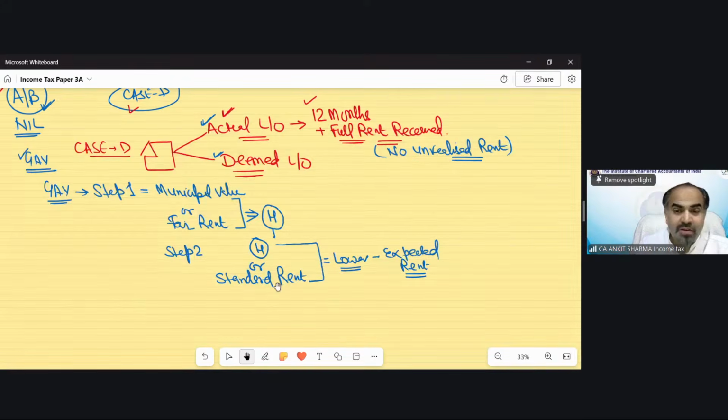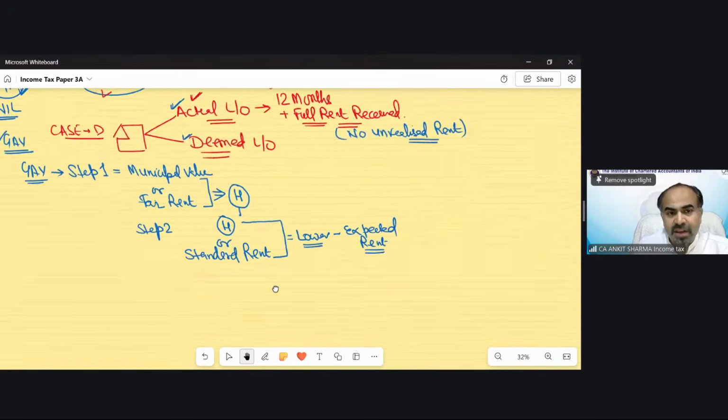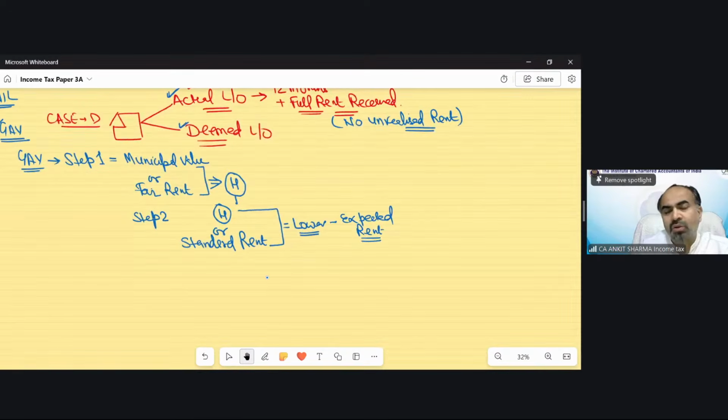But this lower value is again not GAV yet. We are in the process of finding out the gross annual value. Okay? So now this lower needs to be taken for step number 3. Now we will find our GAV. The lower value, that means the expected rent.